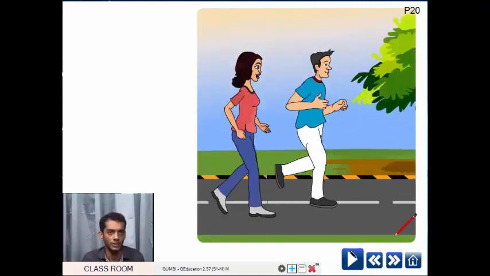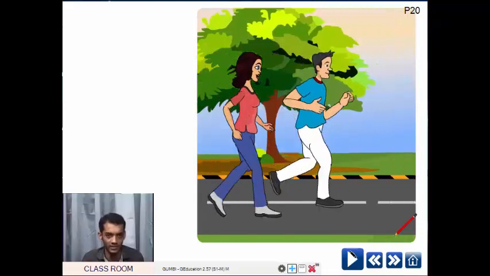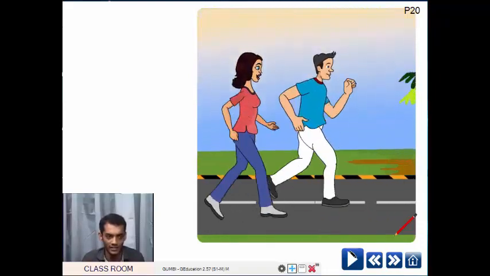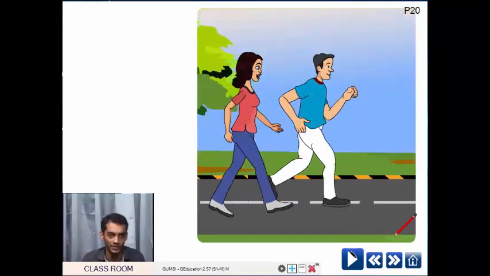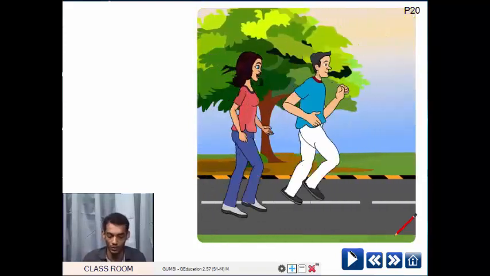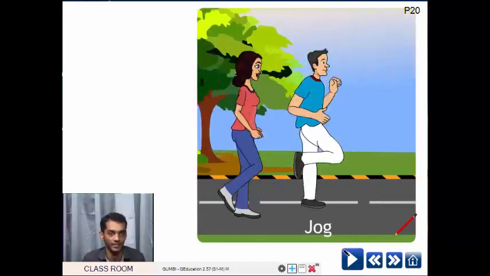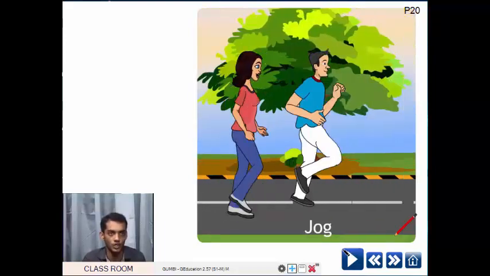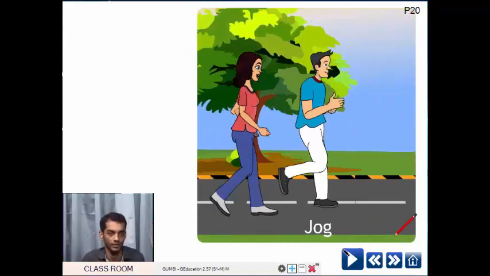Look at the picture. What are they doing? Are they running? What do we call it? Do you know? No, sir. No problem. I will tell you. Jog. Jog is a form of exercise slower than a run. Understood?